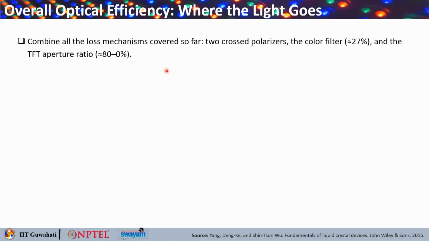Let us see how we calculate the overall optical efficiency. If you combine all the different loss mechanisms that have been covered till now, which involve the 2 crossed polarizers, then the color filter, which individually has 87% transmittance, and also the TFT aperture ratio, which allows 80% to even 0%.